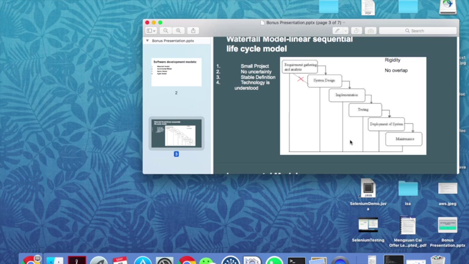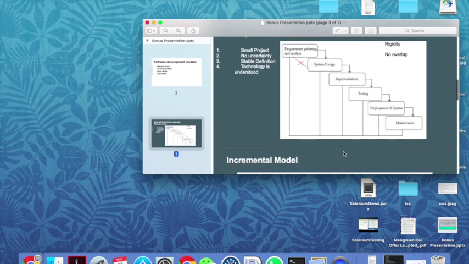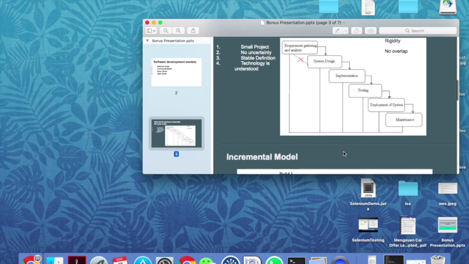The other disadvantage is a high amount of risk and uncertainty. And it's not a good model for complex and object-oriented projects. It is also a poor model for long and ongoing projects, and it is not suitable for projects where requirements are at a moderate to high risk of changing.